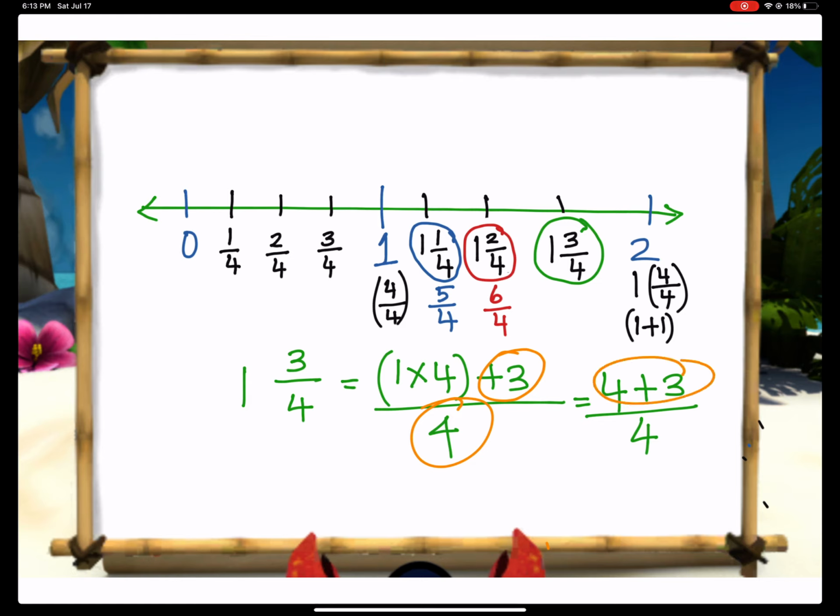Now let's add. 4 plus 3 is 7 by 4. So 1 3 by 4 is 7 by 4.